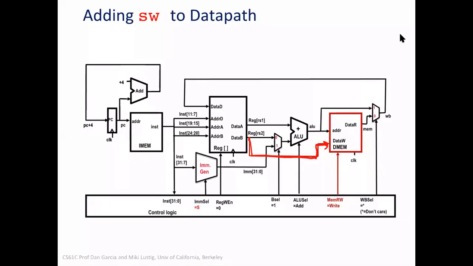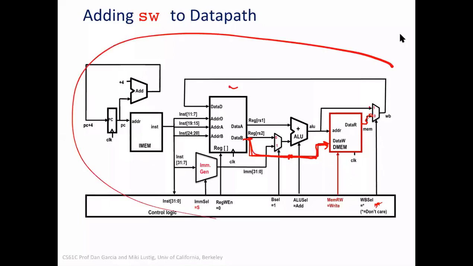All right, and the rest of the things are the same. Now the output of this we are not using, though it may be available because reading is happening all the time. So this control signal has to be don't care, it can be anything. Here the whole operation ends because we are not writing back to the register file, because it's not LW, it's SW. So take the content from the register and write it to memory. This is how it works.